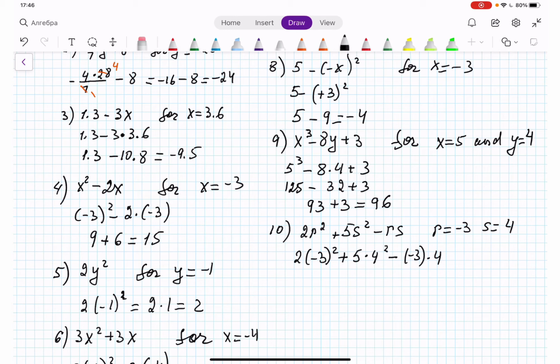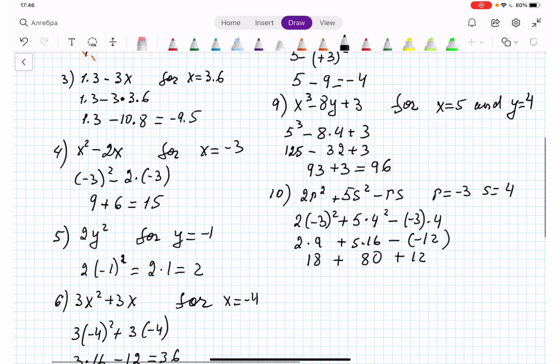This is equal 2 times 9 plus 5 times 16 minus negative 12. 18 plus, it's going to be 80 and plus 12. So 18 plus 80 and plus 12, it's going to be 110.